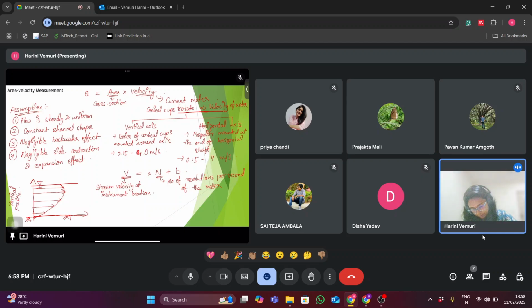This is the vertical profile of velocity. We can see that the maximum velocity doesn't occur on the surface of the water.